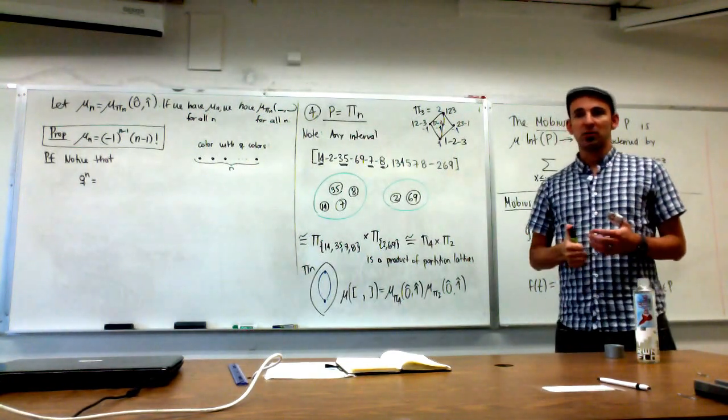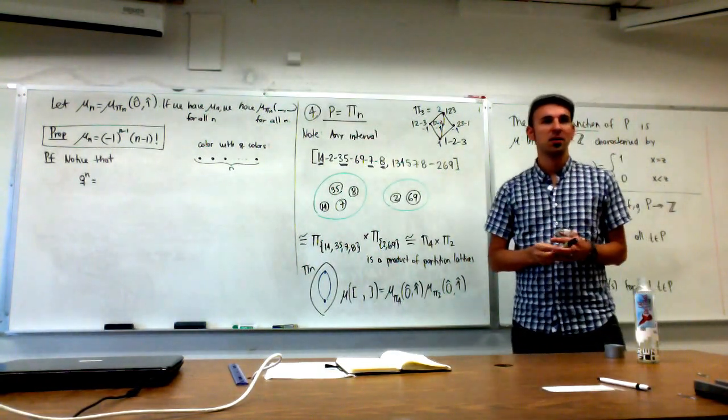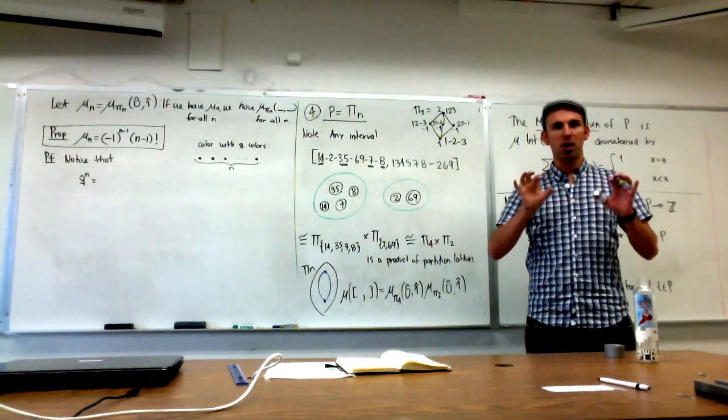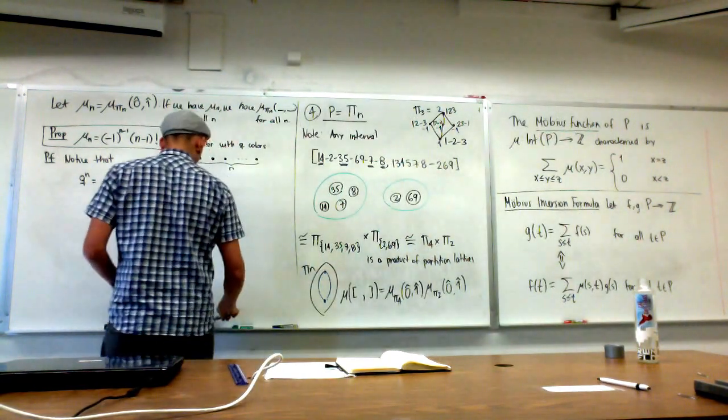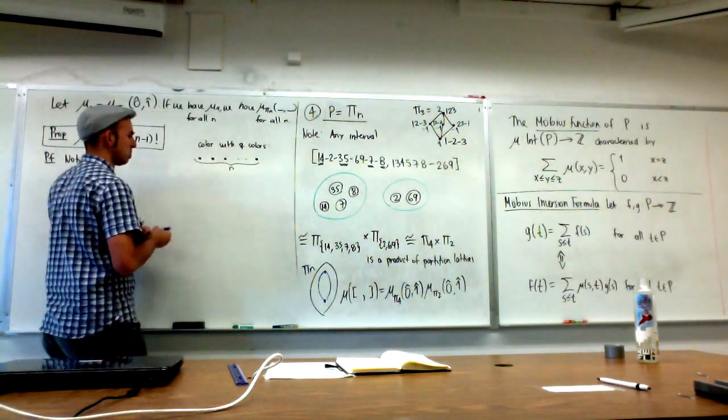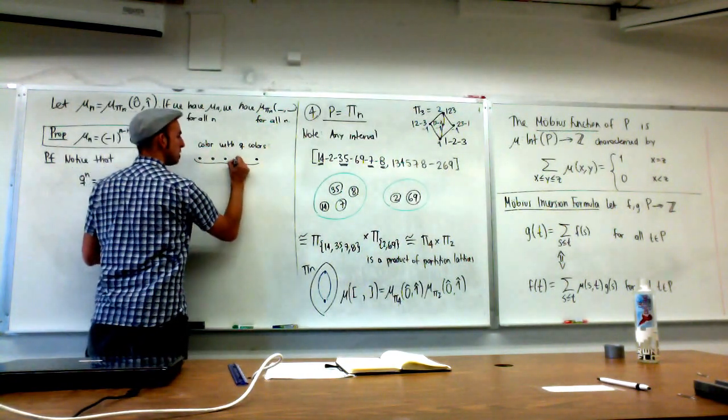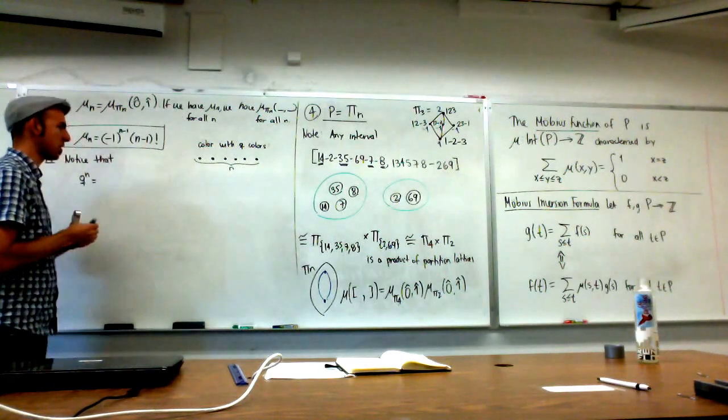But what's another way of counting this? Another way is to say, let me consider which blocks got the same color. Let me just do an example with n equals 6.